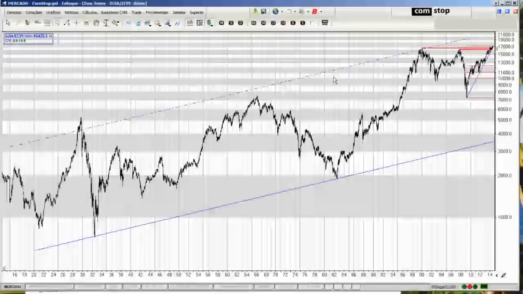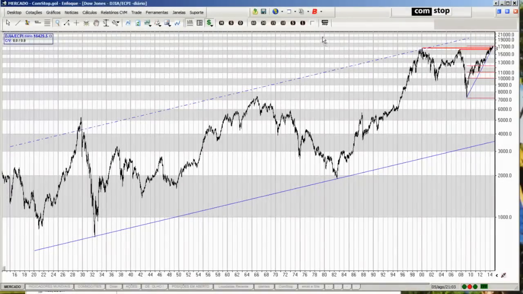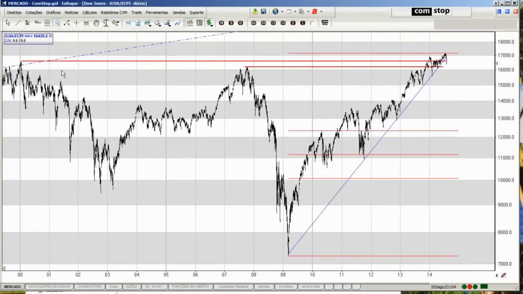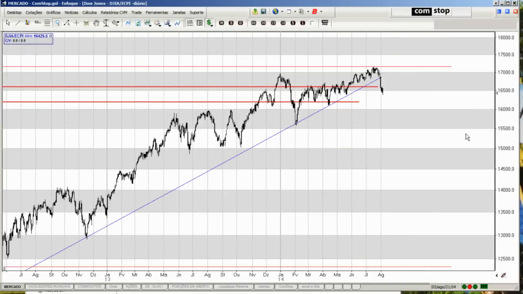I'm showing you a centennial chart, and what I call the mother of all resistances. I'm showing you a resistance of biblical proportions. Seven years and the market makes a top at the exact same level, and I think it's now producing a third top at the exact same level.